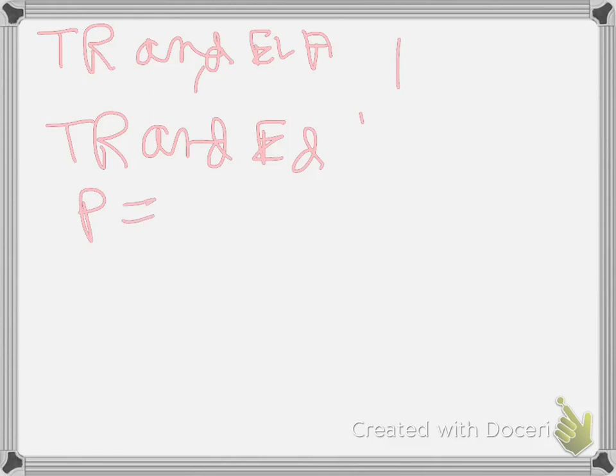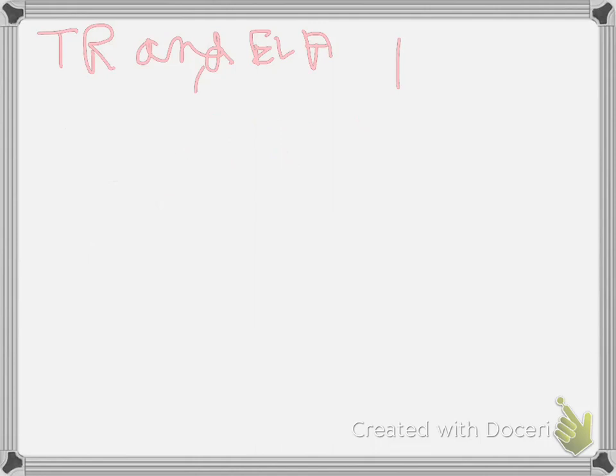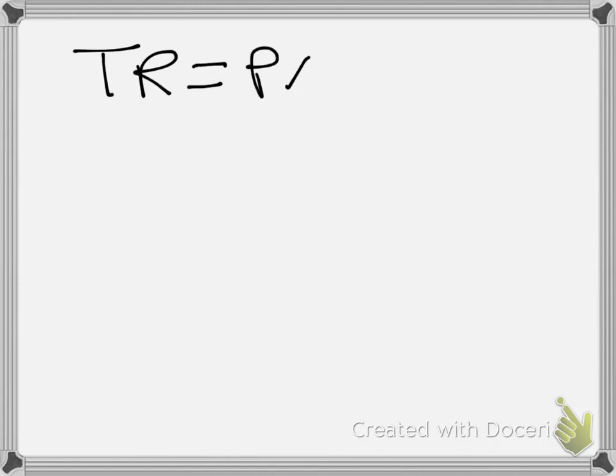Now we know from our previous discussion that total revenue is equal to P times Q, the amount of price the firm is charging and the quantity the firm can sell at that price.